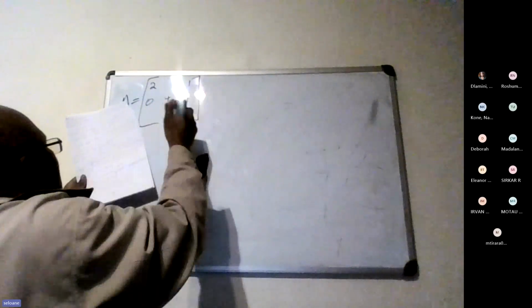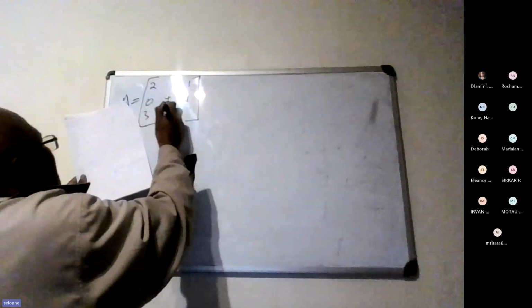Let me just write it here, because there will be a lot of calculations. It's a 3 by 3 matrix. It will be 2, 3, 1 here, the entries 0, 4, 1, and 3, -3 and 2.